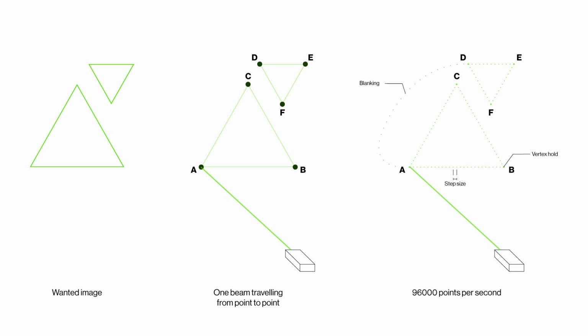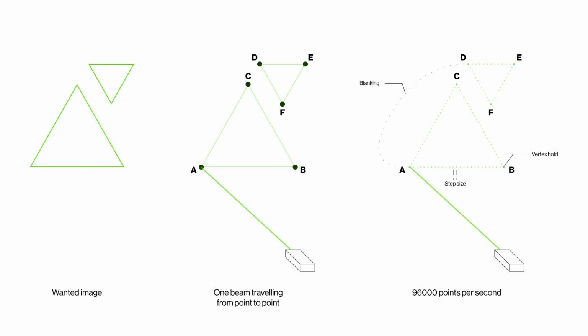It's not outputting a line or a shape. It's just one point that is traveling so fast that it draws a triangle, and it looks to us as if there was a static triangle, but it's actually one point that travels so fast in the shape of a triangle that it seems like a static shape.